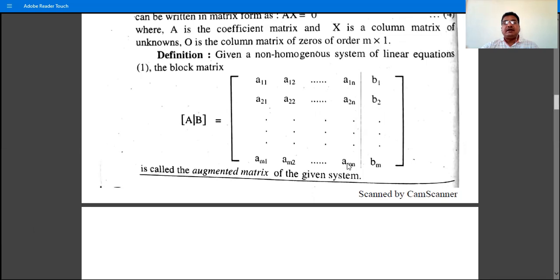We can denote the notation for augmented matrix as a square bracket or round bracket A, line or oblique B, then bracket complete. So this is the notation for augmented matrix.